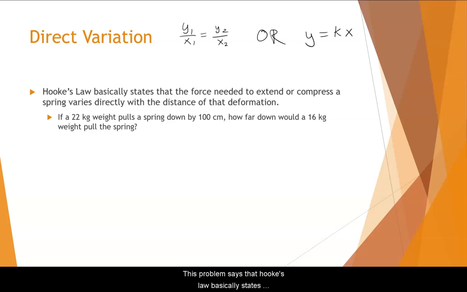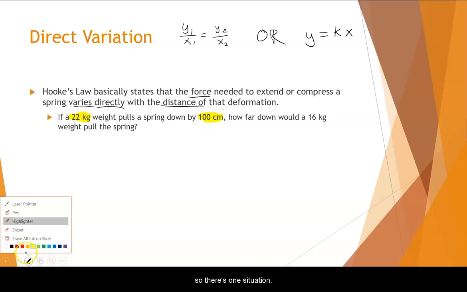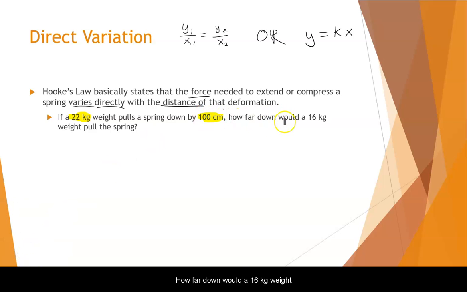This problem says that Hooke's law basically states that the force needed to extend or compress a spring varies directly with the distance of that deformation. If a 22 kilogram weight pulls a spring down by 100 centimeters, so there's one situation, how far down would a 16 kilogram weight pull the spring?